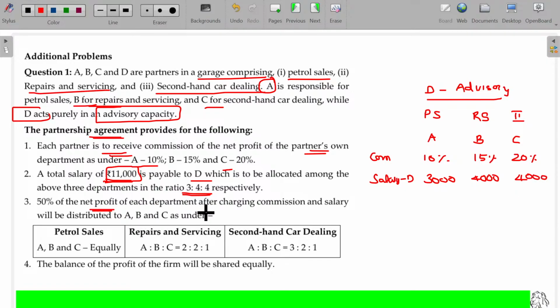50% of the net profit of each department after charging commission and salary will be distributed to A, B, and C as under.